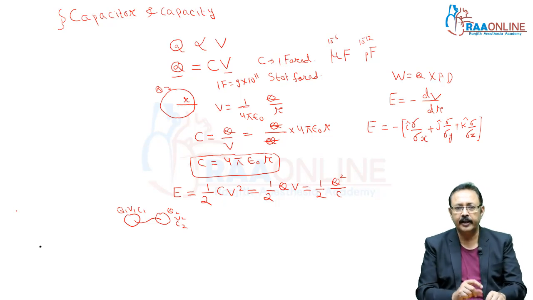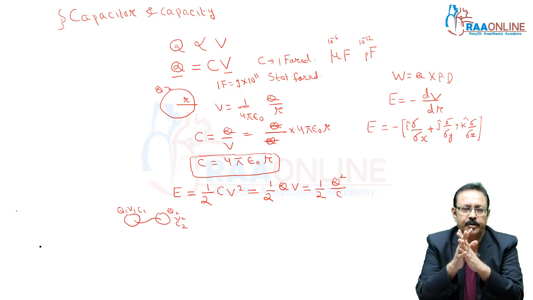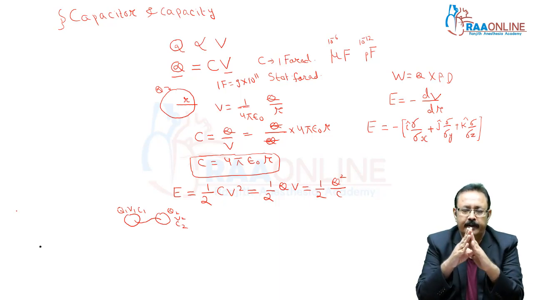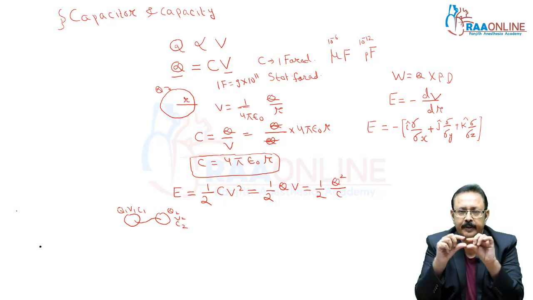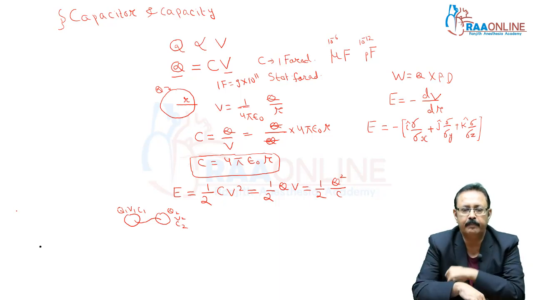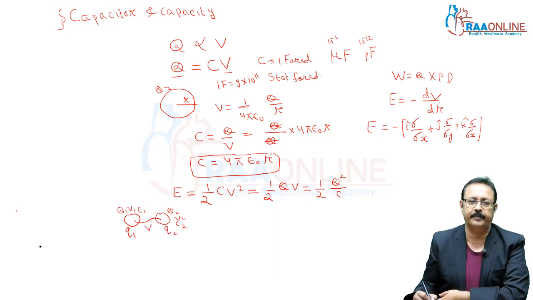See, if you connect two containers with different levels of liquid, what will happen? After some time, the liquid level will be the same. The same thing will happen here. After some time, there will be redistribution of charges. Suppose now Q1' charge is on this, Q2' charge on this. Now the potential will be the same.